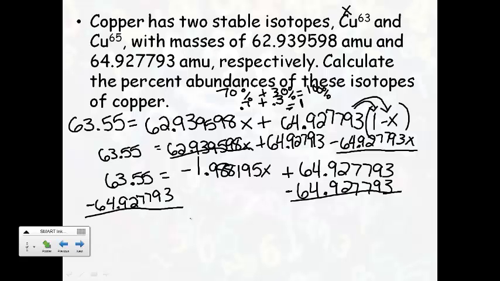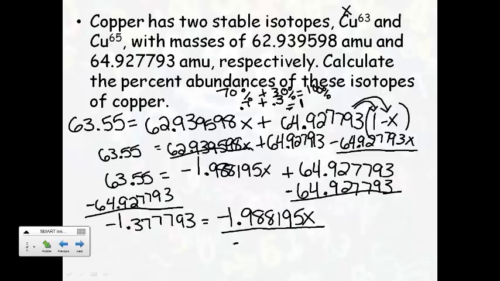All right, so on this side we got 63.55 minus 64.927793. So that gives us negative 1.377793. And that's still equal to our X term over here. All right. Now, how do we get X by itself?